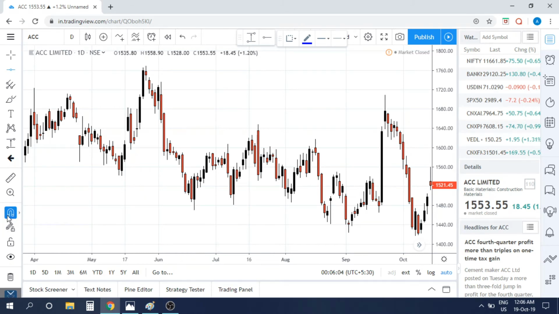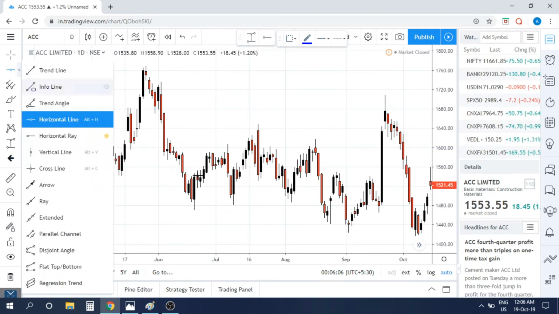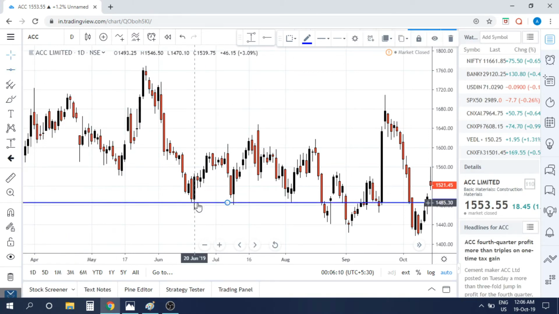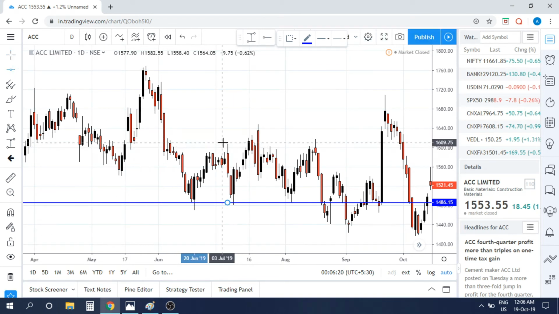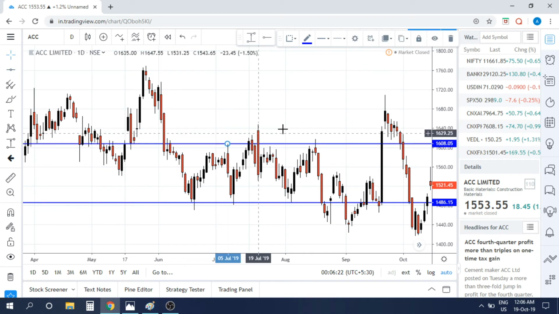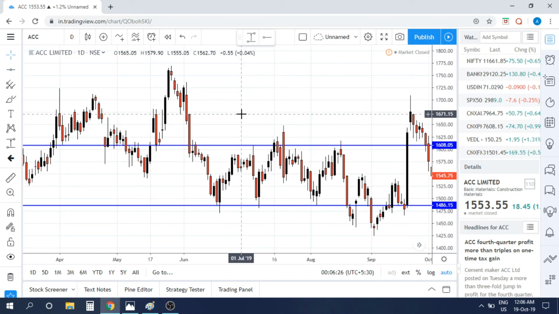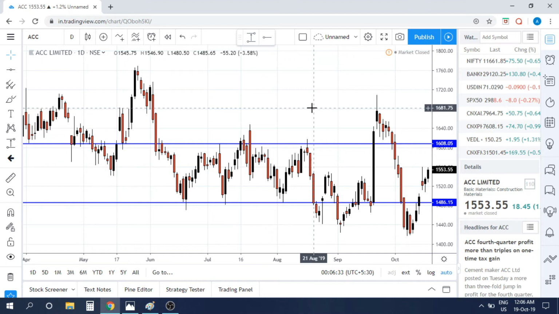See? Yeah, somewhere around here. You can see these repeated bounces from here, and the upper one was somewhere around here, right? This is not that well-defined a zone, but if you watch this area, still somewhat.